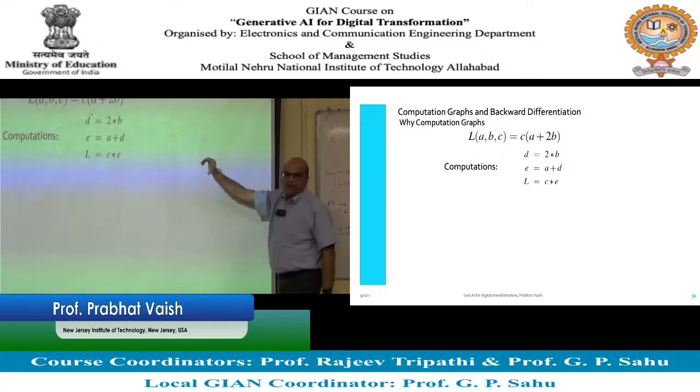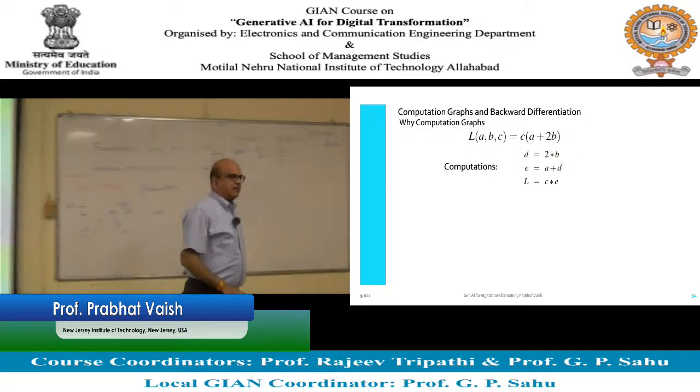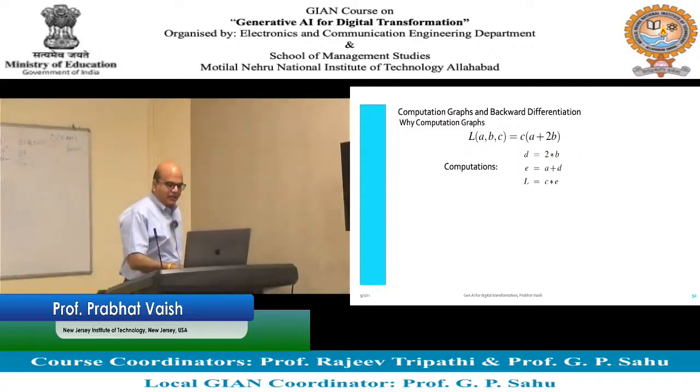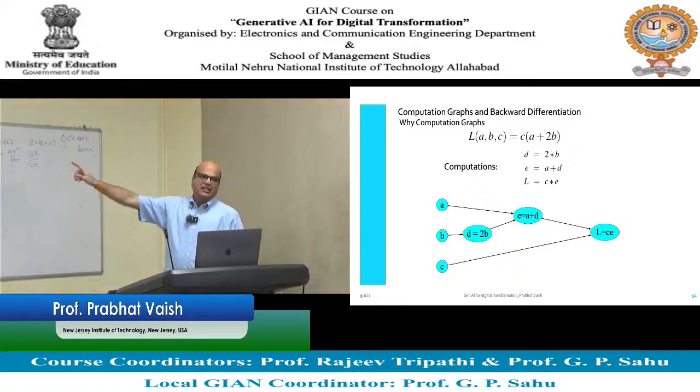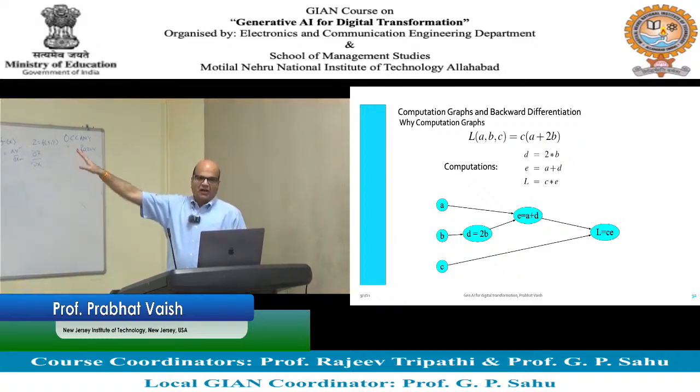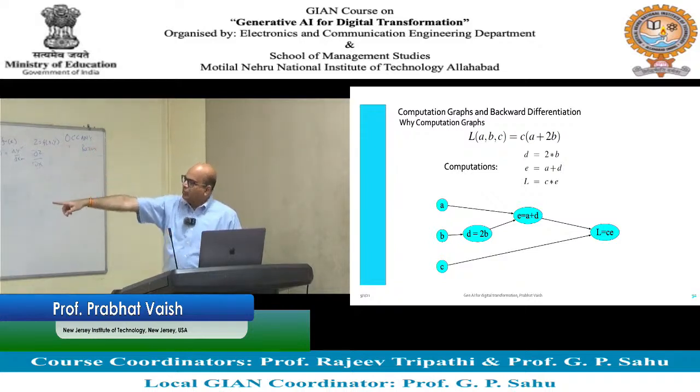Those are the computations that are happening here. Correct? Basically, you can take any function, doesn't matter how many independent variables, and convert it into a computation graph. Does that make sense?